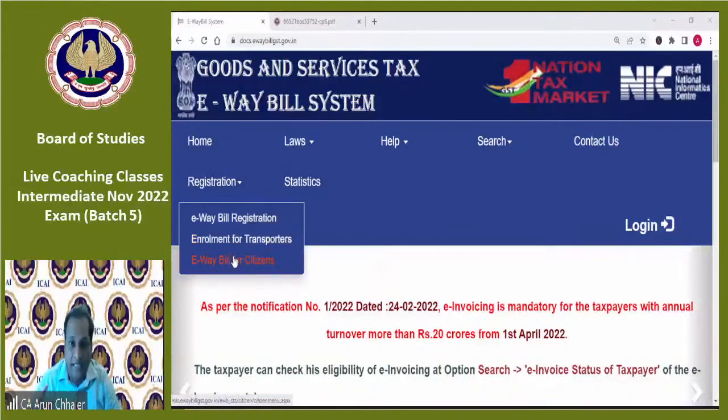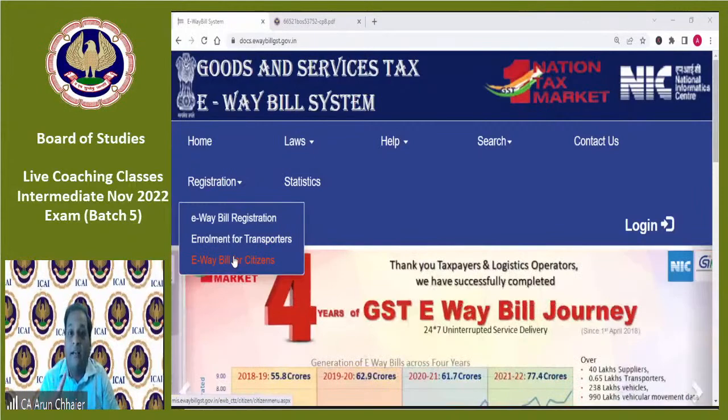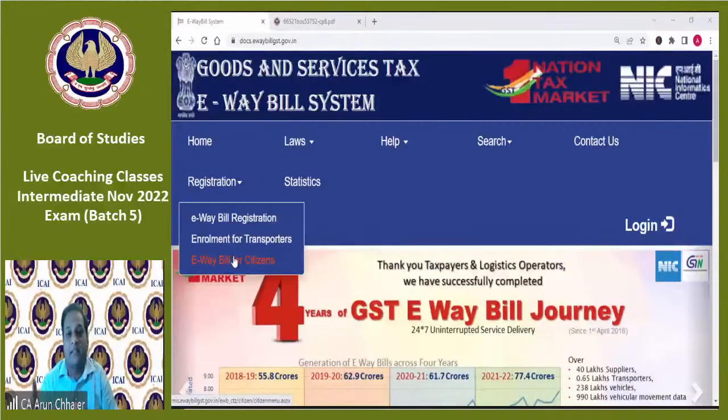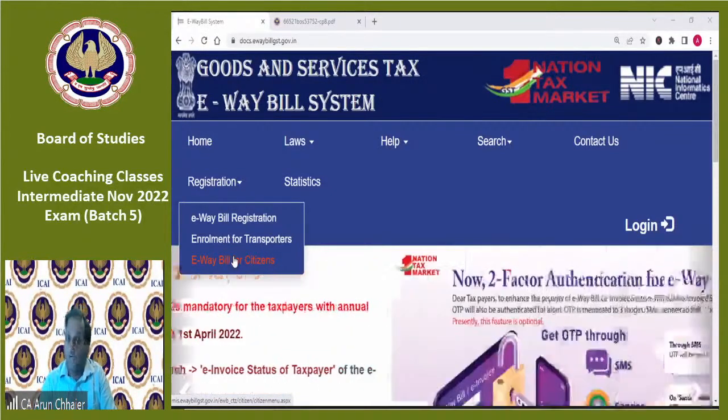And third is the e-way bill for citizen. In Rule 138, we will discuss one point, that even an unregistered person can generate the e-way bill. How can he generate it? The third option is e-way bill for citizen.